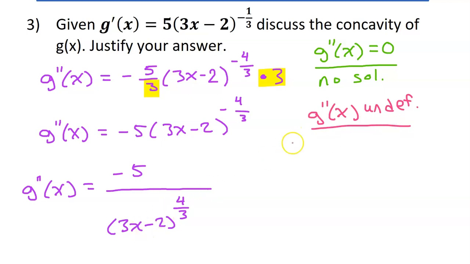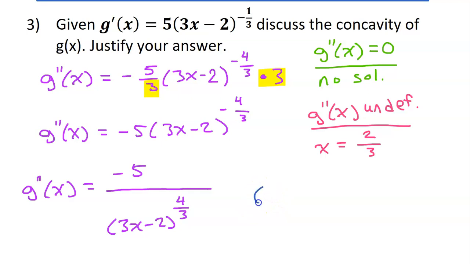So we can just look at this and see that g double prime will be undefined when the denominator is equal to 0. If I set this equal to 0, you know what, I think I better do this. I started to just write the answer, which is x is equal to 2/3. But I'm remembering that some students didn't necessarily know that automatically. So here's what I'm doing.